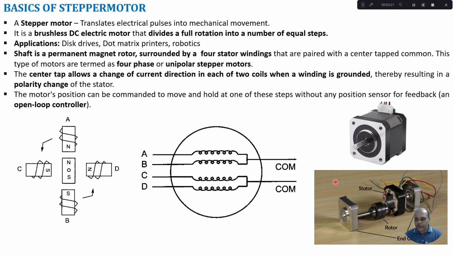Here I show the construction of a stepper motor. This part is a rotor and here we have the stator windings. The stator windings will produce a magnetic field and the rotor will get aligned to that magnetic field. So this is the complete construction of your stepper motor.